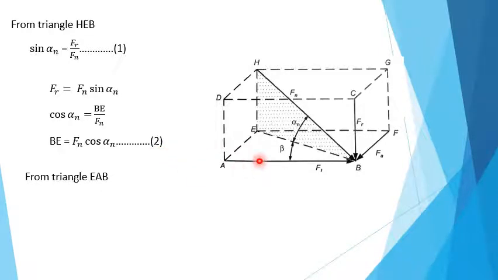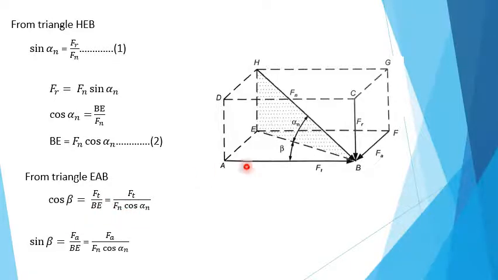Now from the triangle EAB, if we consider this triangle, cos beta can be written as Ft divided by BE, where BE we have already found out, it is Fn cos alpha n. Substituting here in the denominator, and sin beta, if we take, it will be EA divided by BE, but EA is equivalent to Fa, that is the axial force.